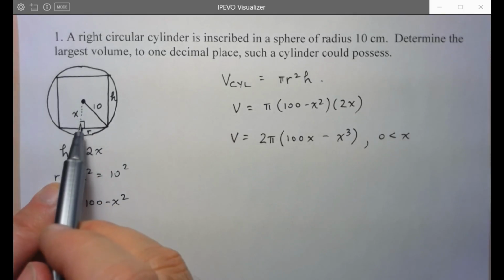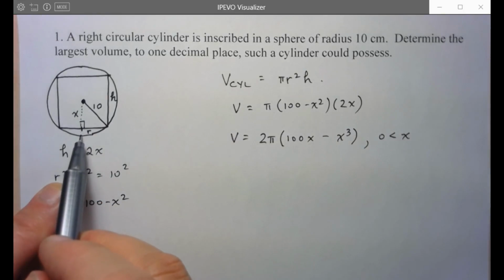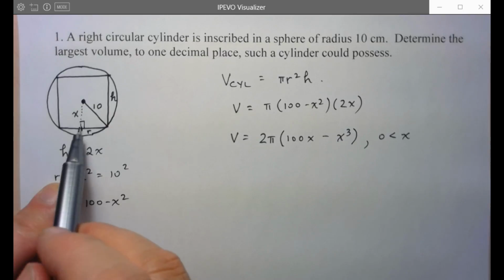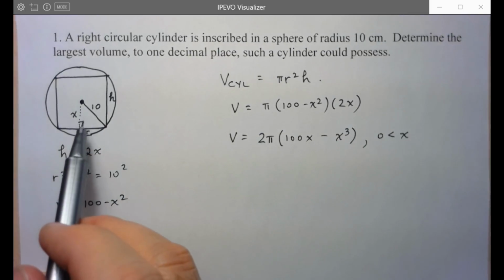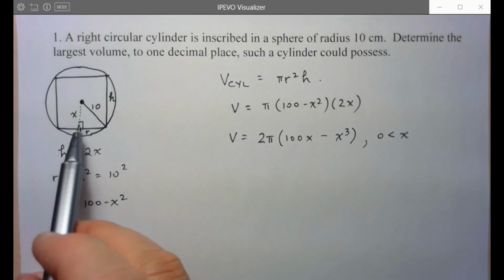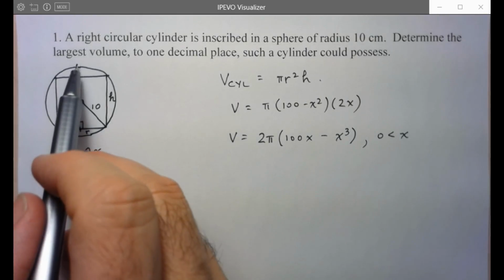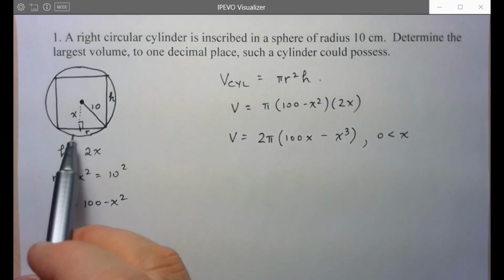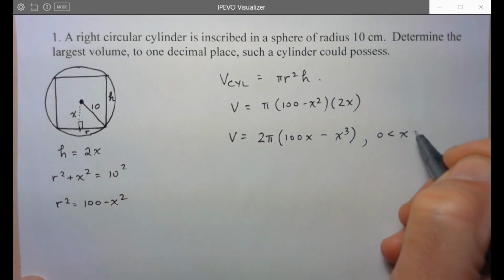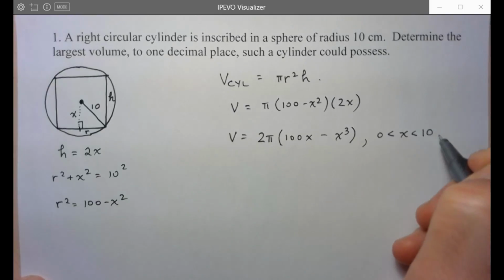This x value is going to get larger and larger, but there's no way it can ever be larger than the radius of the sphere. In fact, it can't be equal to the radius of the sphere. Otherwise, I'm just going to have one vertical line, which is not a cylinder. So here we've got that x has to also be less than 10.